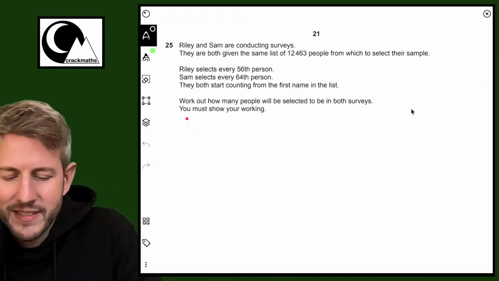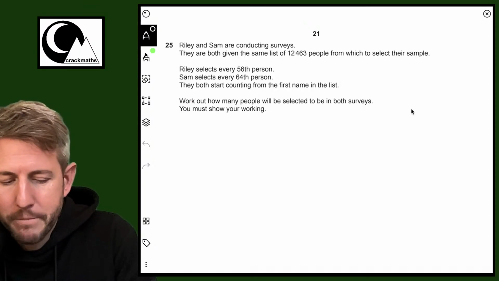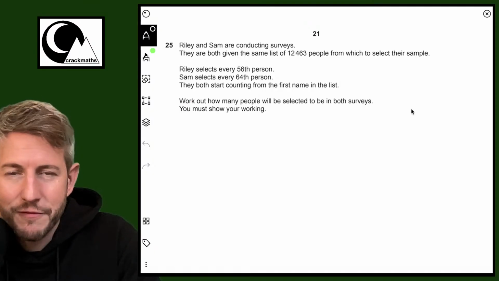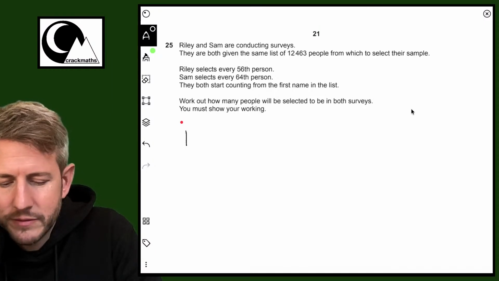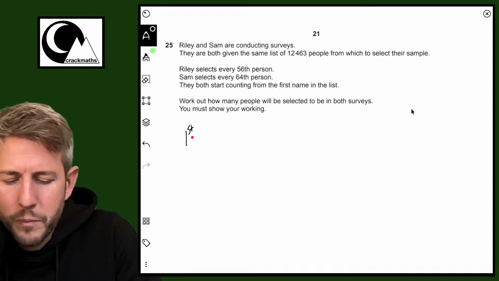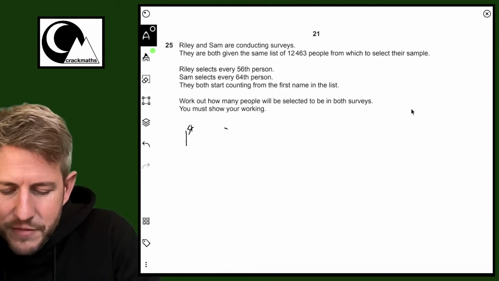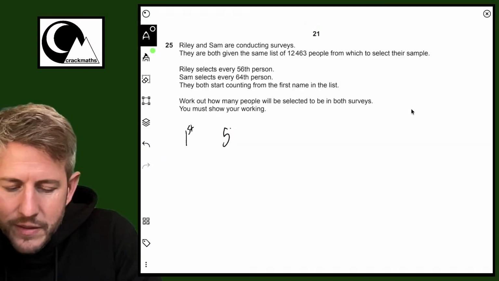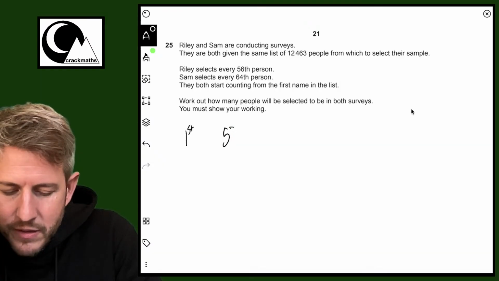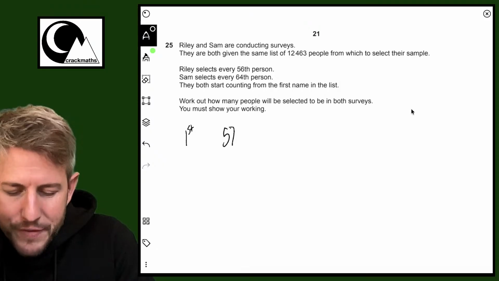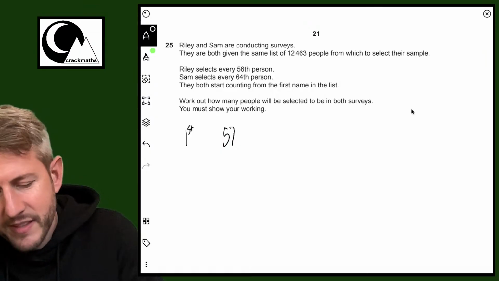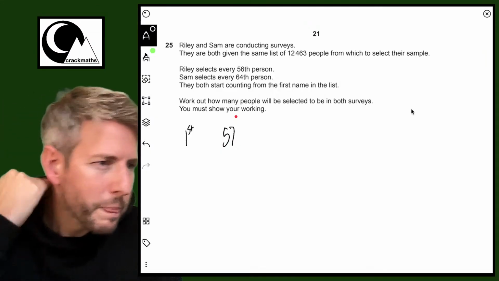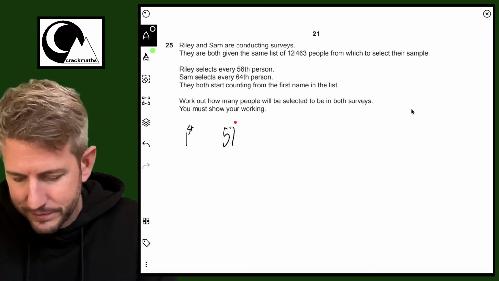So Riley selects every 56th person, but she selects the first person first. So she's got person number 1. And then she's got person, well, it's going to actually be person 57 next, isn't it? Because every 56th person will mean that if that's person 1 to 56, the next person she'll select will be the 57th.